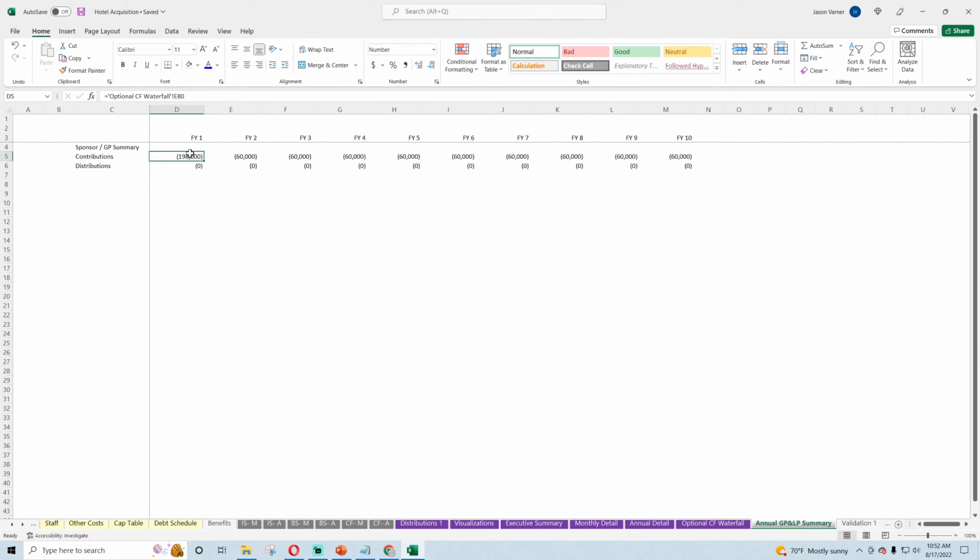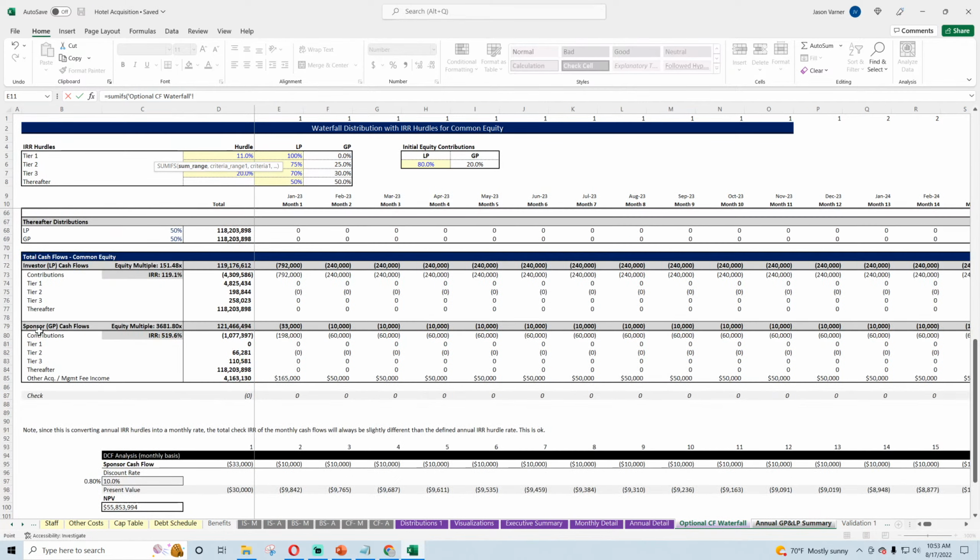So now we can go SUMIFS. Total contributions by the sponsor is going to be 80 if the year matches our year up here.